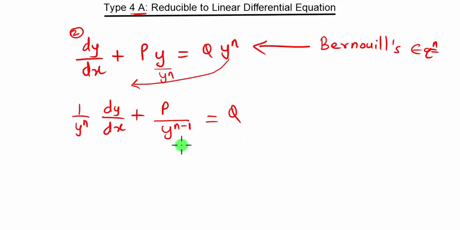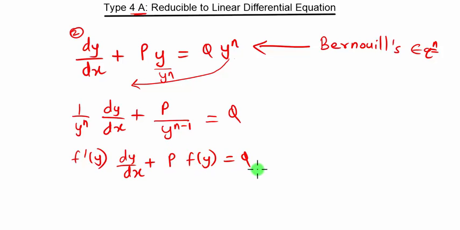As you can see, this is also of the form f dash of y into dy by dx plus p f of y equal to q, where f of y is 1 upon y raised to n minus 1.